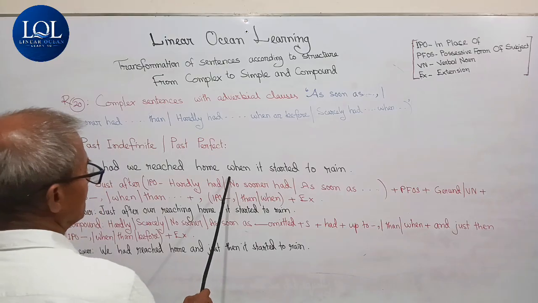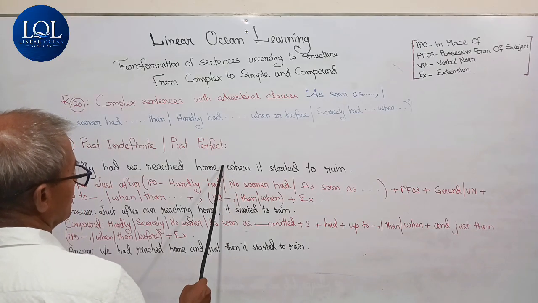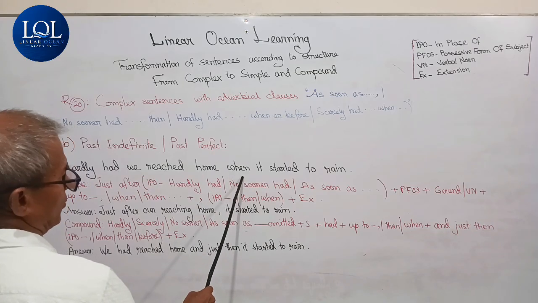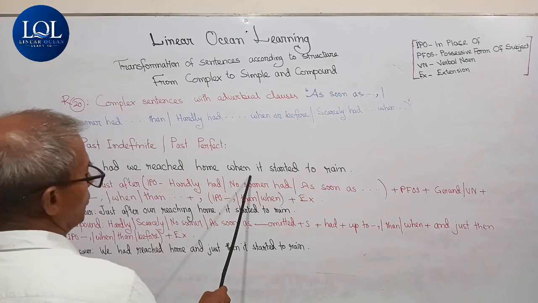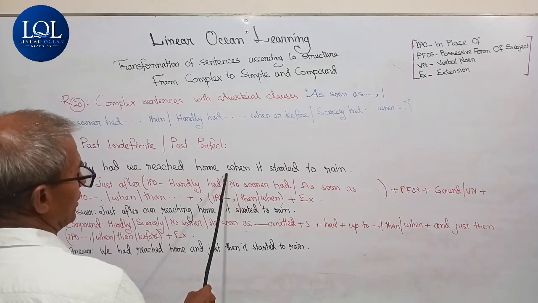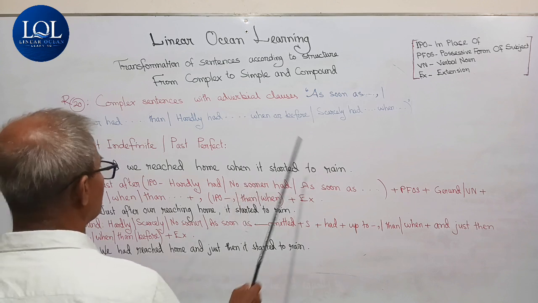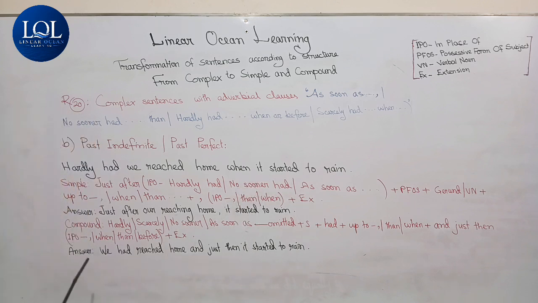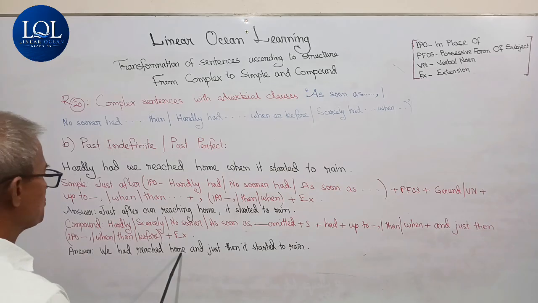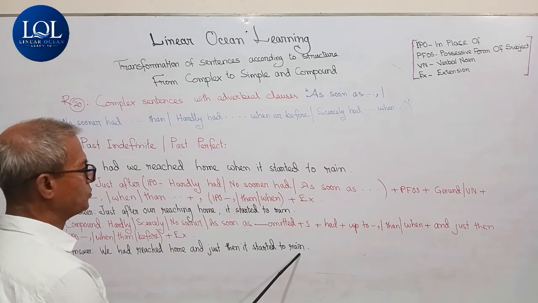And there will be "and just then" in place of when, comma, before, etc., plus extension. Now, if we follow this structure, the answer we will get is: We had reached home and just then it started to rain.